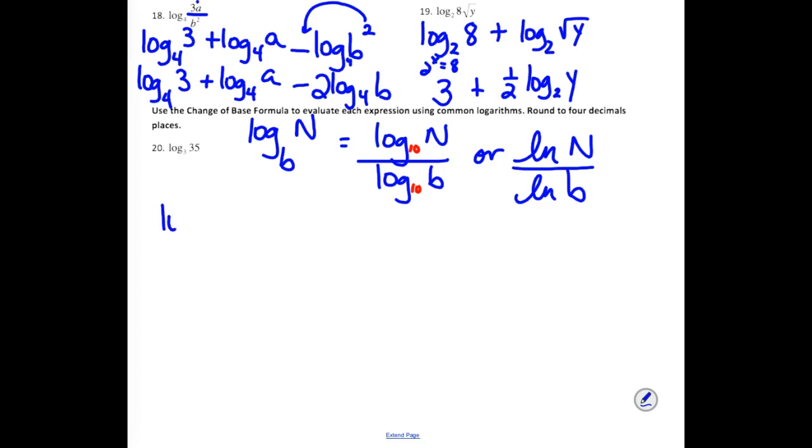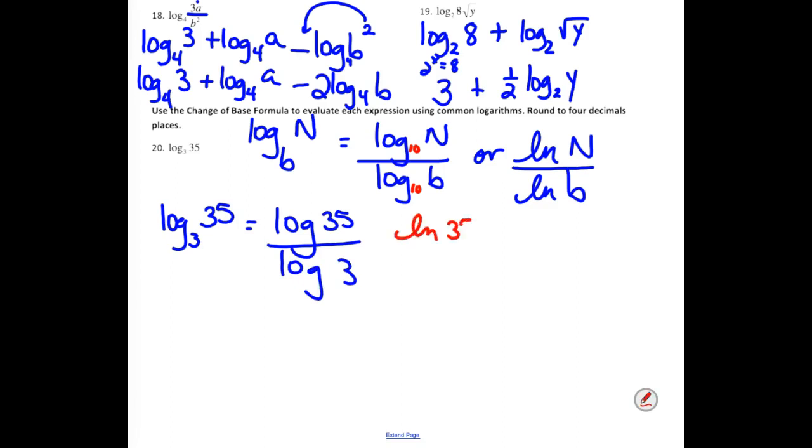So if I want to do log base 3 of 35, I'm going to take the log of 35 and divide it by the log of 3. In this case, I am choosing base 10. Again, we could have done the natural log of 35 divided by the natural log of 3. We'd get the same answer.